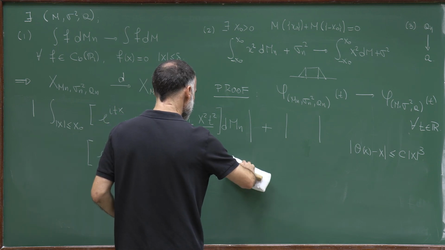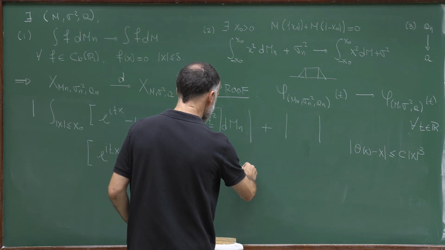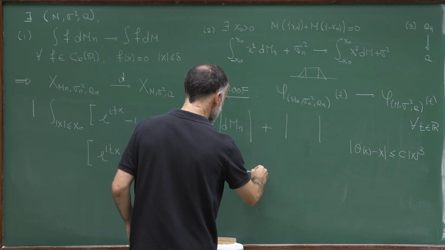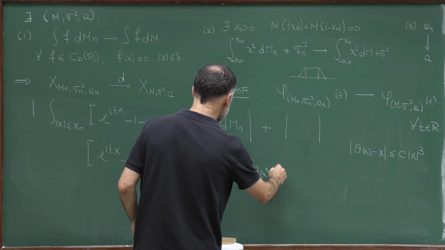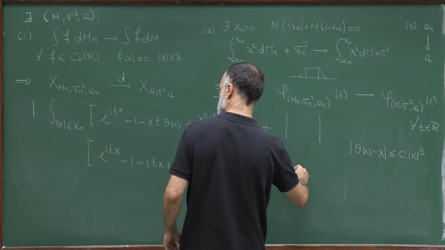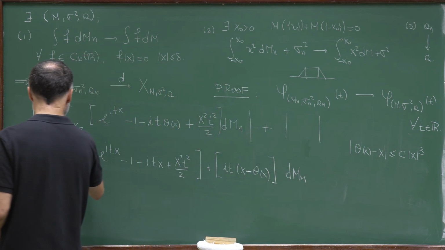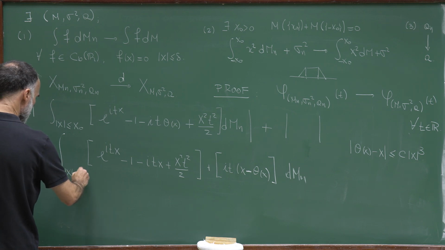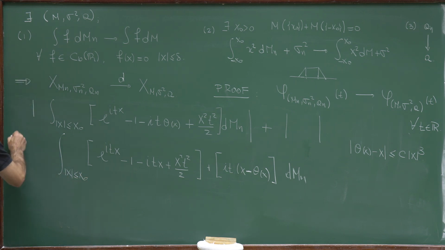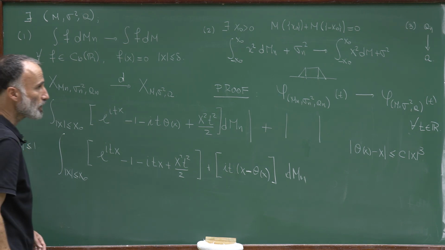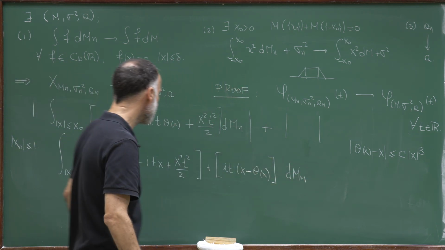So I have plus itx minus theta x dm_n. Let me assume that |x0| is bounded by 1, so I can use this estimate.